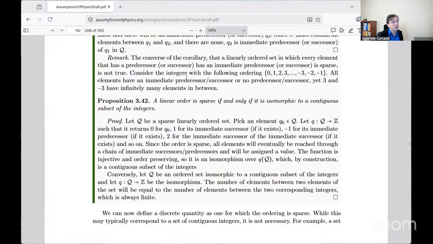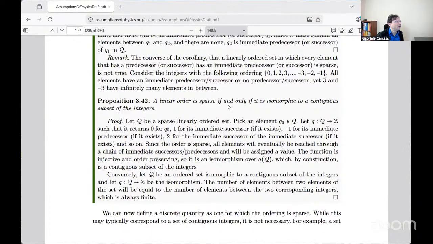And this is exactly what we said in the first explanation. You take one element as 0, and then you go afterwards and you go before, and at some point you can reach any element, because every element is a finite distance from another, and so you're going to be able to assign an integer, and that's it.